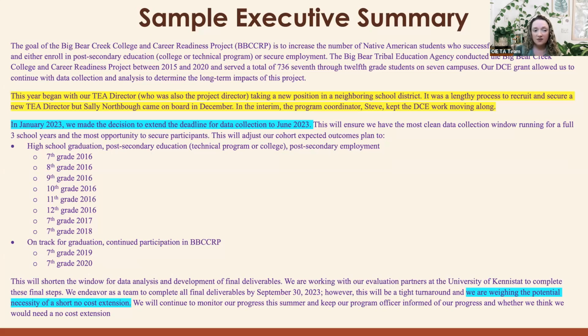Then you can see highlighted in the blue, we're also talking about how our project is progressing. So how our data collection is coming, and that we've actually modified our deadline for completing that data collection, and whether that might impact us needing a no-cost extension on our grant potentially. So we're putting all of that information here in this executive summary, and you'll see it's referenced again later in other parts of our report, but we're highlighting it here in this view.